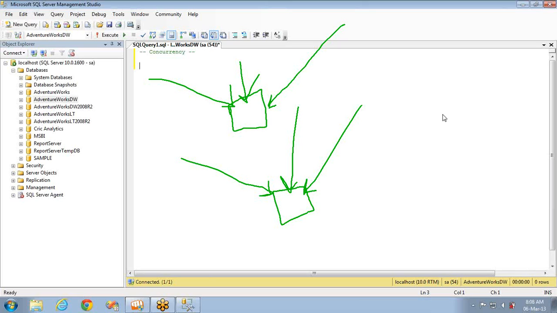This is a big problem in SQL Server or any database programming language. Why? Because when multiple resources are trying to access the same data, it will lead to deadlocks.